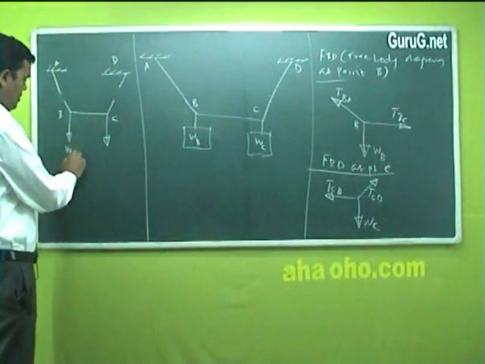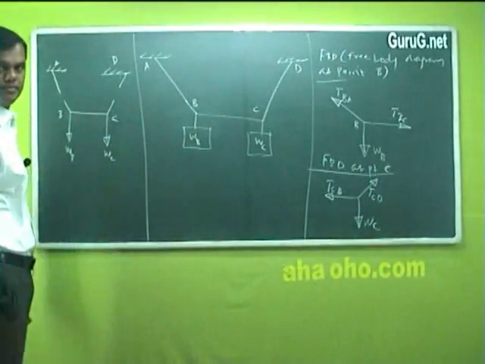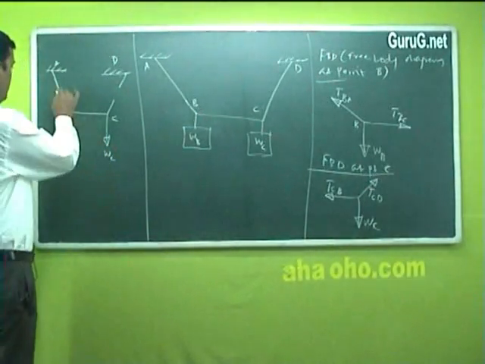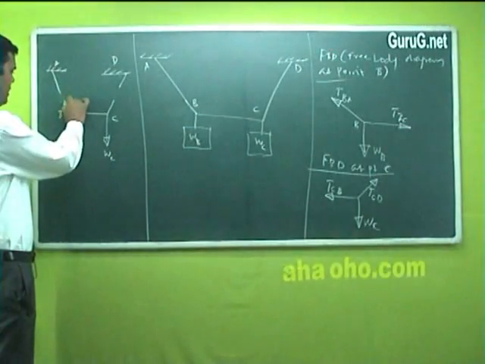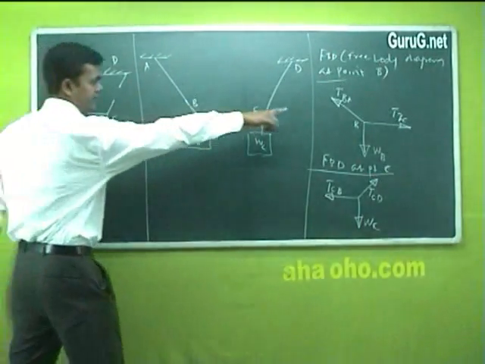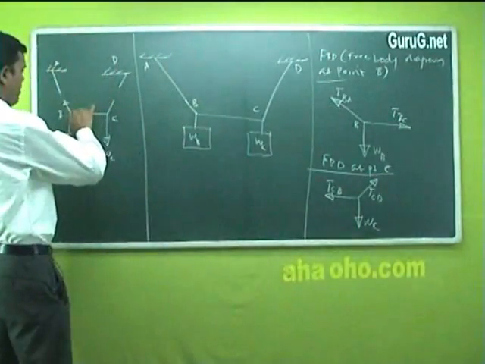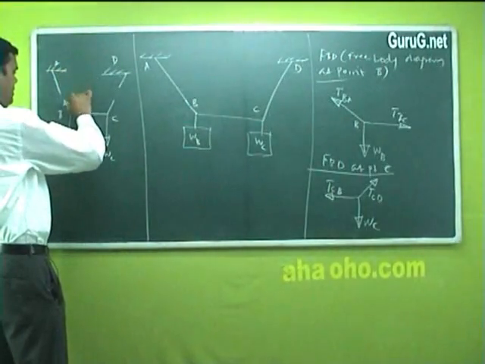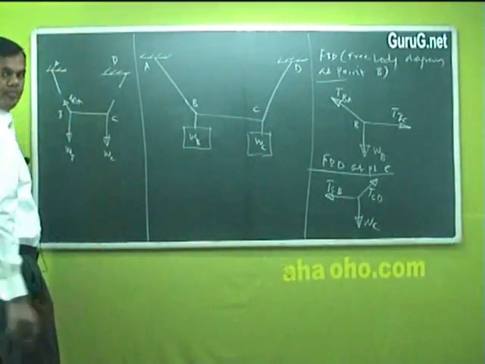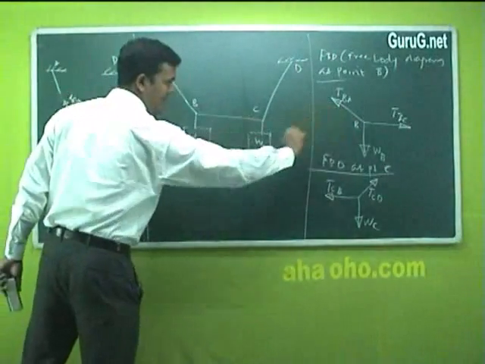This is my weight at point B and this is my weight at point C. Right? Now, this is what the arrow mark shows. This one first. Tension from point B to point A, TBA. Next one, TBC.